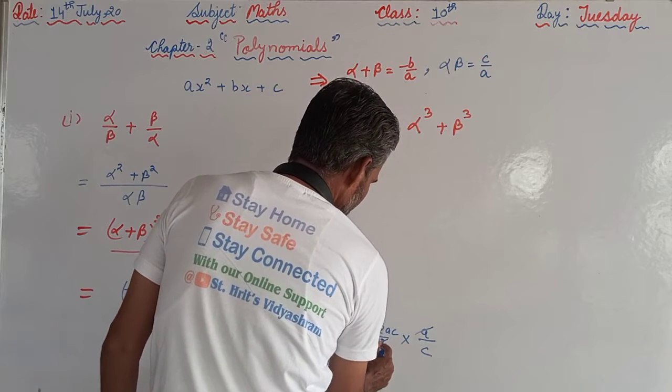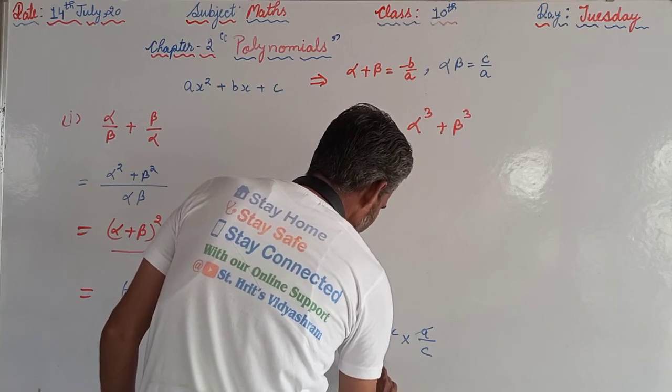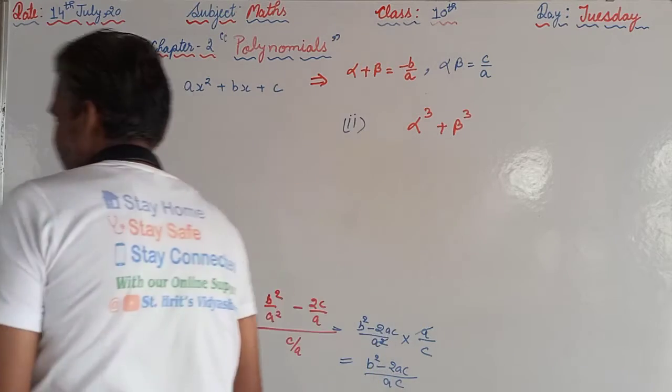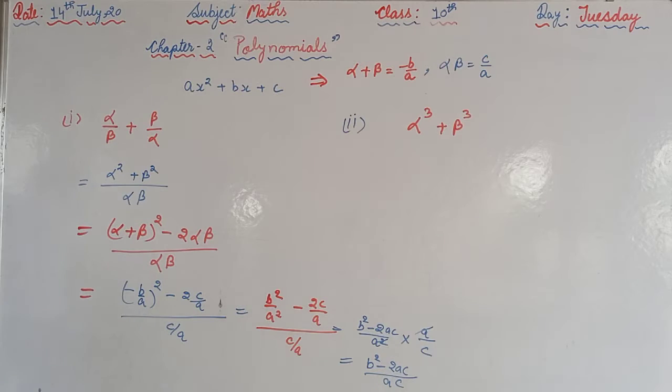So a will cancel out and the answer will be b square minus 2ac upon ac. So this is the answer for that first one, the alpha upon beta plus beta upon alpha.